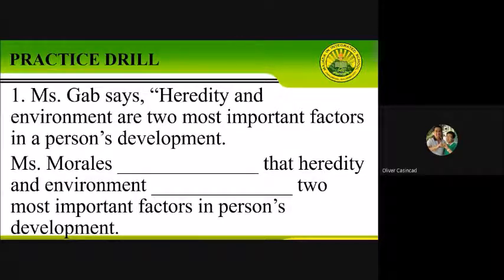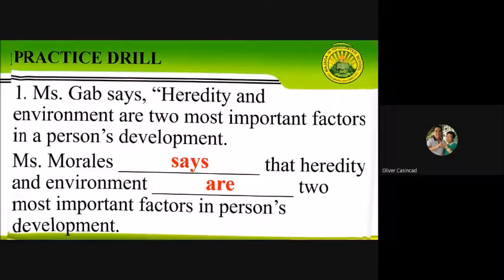You have there, Miss Morales says, there's no change in the verb in the introductory part, that heredity and environment are. There's no change because in the direct speech, says and are are both in the present tense. So there is no change at all. The two most important factors in a person's development.